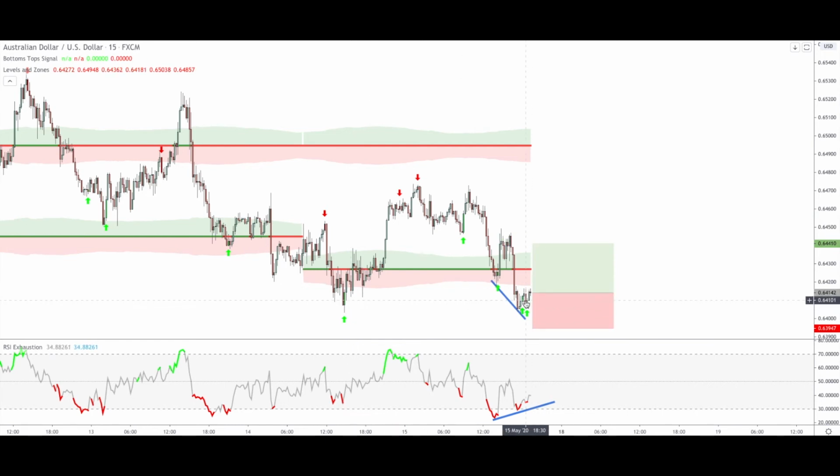Then, just like that, we should have the price moving up at least until this point. I don't know whether it's going past this point. Maybe it will retest this level here, but essentially this is a great indication that we have a resistance here. So the maximum target for us should be this level here.